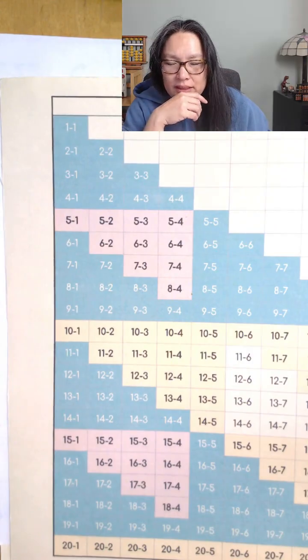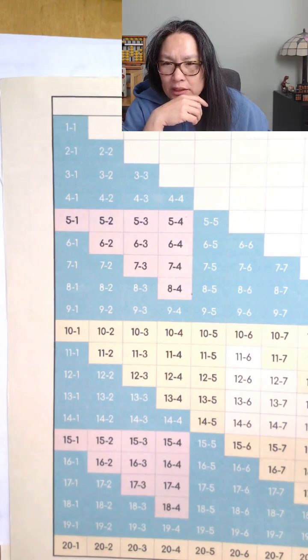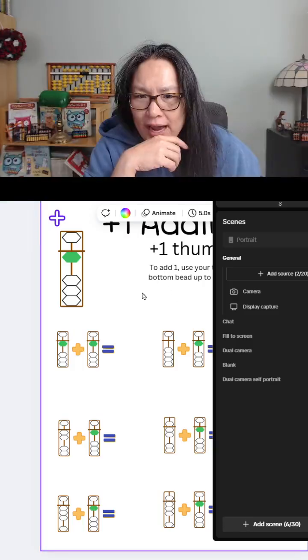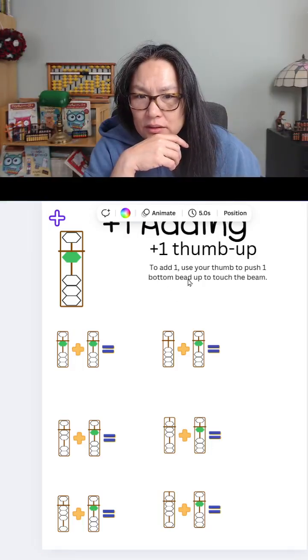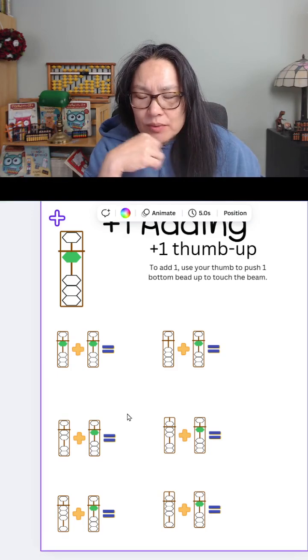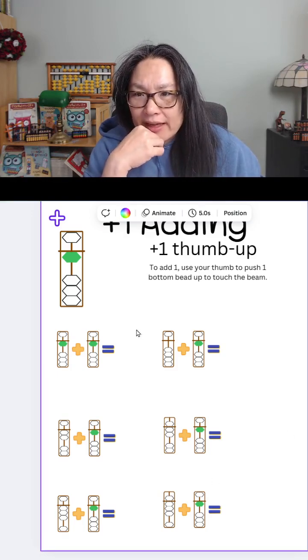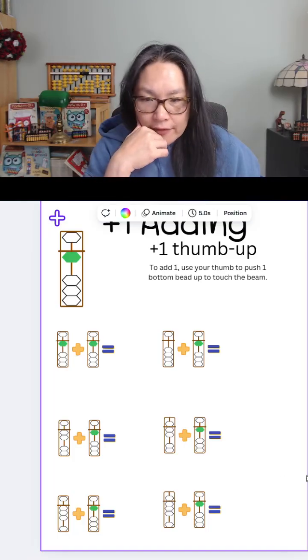This is just still the draft. This is what it looks like for adding the 1. I'm going to have adding the 1 and then going to 5 and stuff.